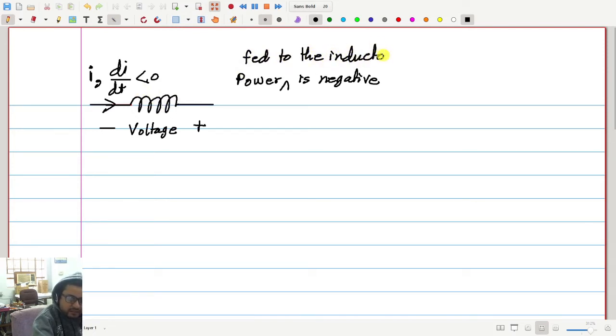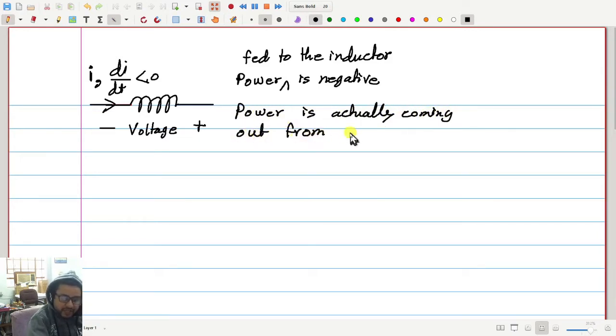And sir, the energy produced by this power will be stored as an internal energy of this inductor. So actually, at this particular moment, power is not being fed. Power fed negative means power is actually coming out from the inductor.